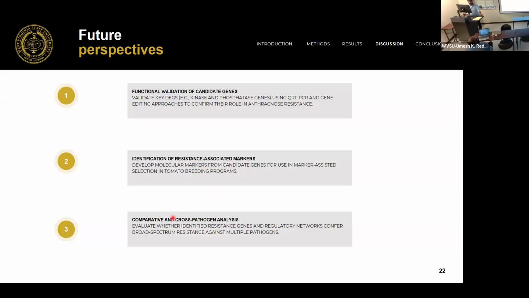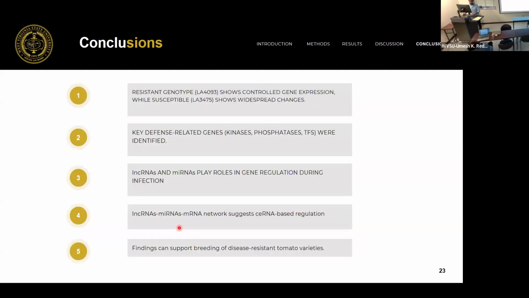We can also do a cross-pathogen analysis: during a certain infection, whichever genes are upregulated or change expression, whether the same kind of genes are also present in other species that show the same behavior under biotic stress. In my case, it is the fungal infection.